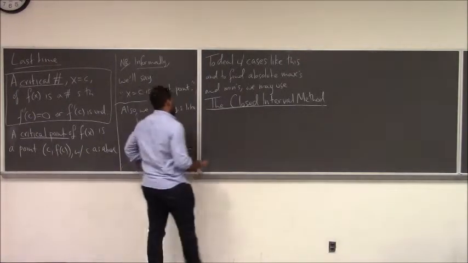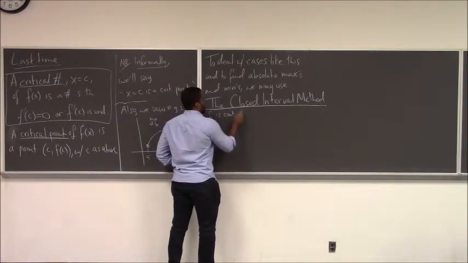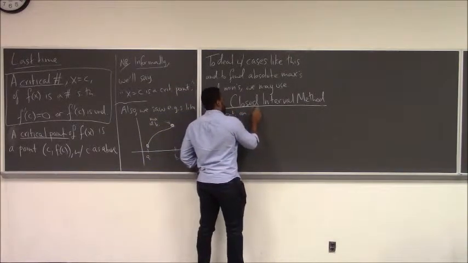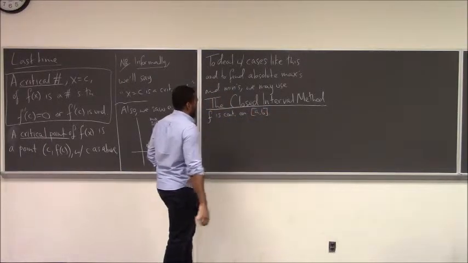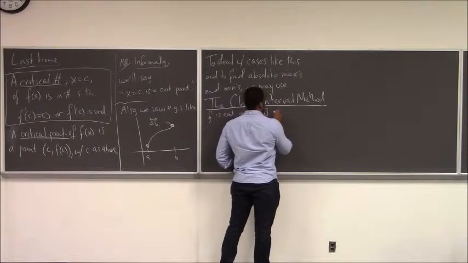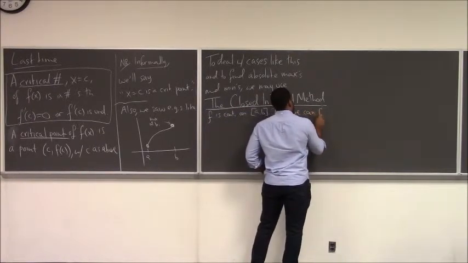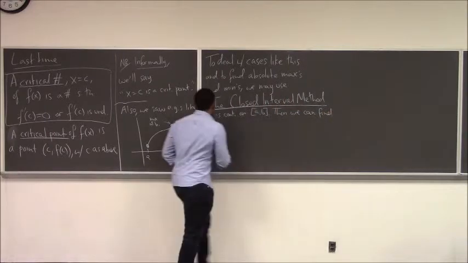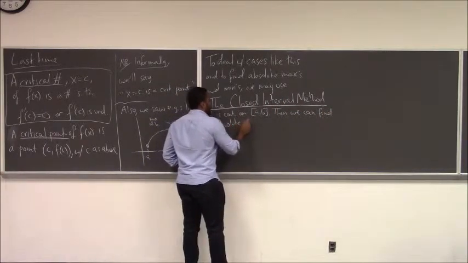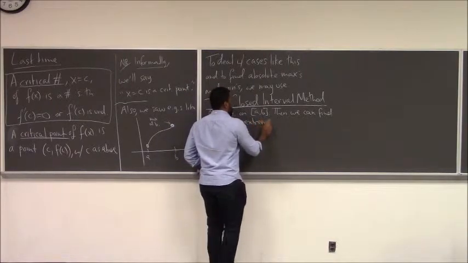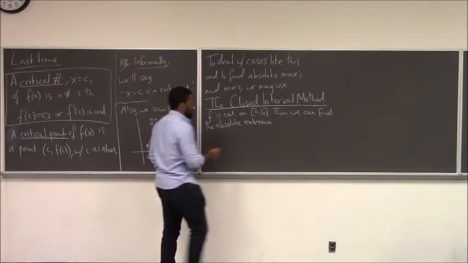So the closed interval method says: if f is continuous on [a, b], then we can find absolute extrema. Remember, extrema was just another name for maximums and minimums.